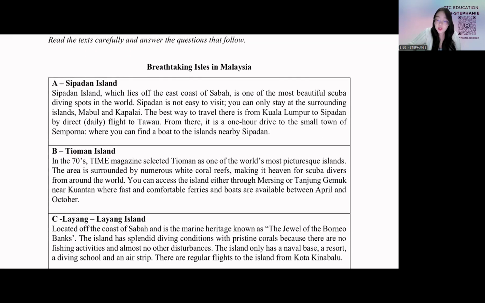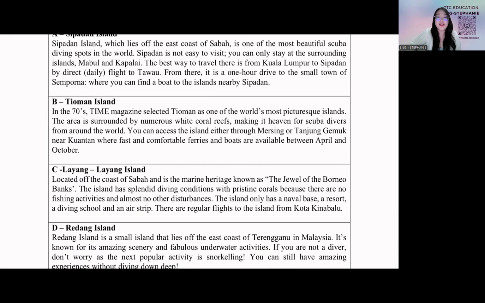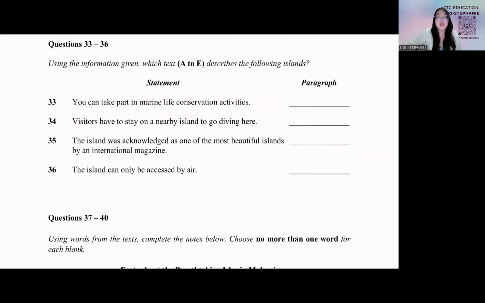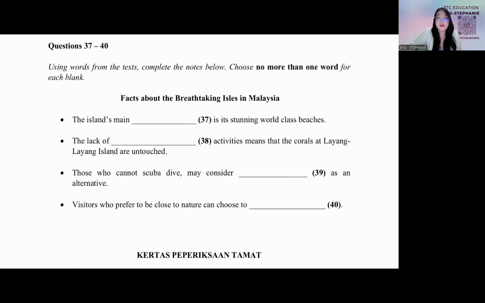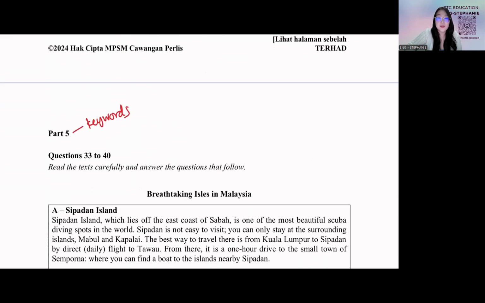Okay, so after you read the statements here, you have to catch the keywords and eventually try to find the answer and then match your statement accordingly. The keywords here, all right? Then the text has to use one word, and so you have to also find where this sentence is from, what will likely be the word that can be used, and then eventually you'll find your answer lah. Itu saja. Okay, so yeah.